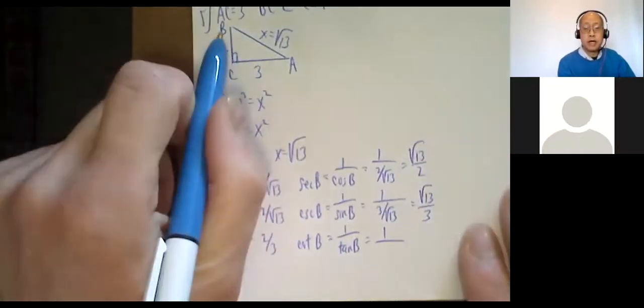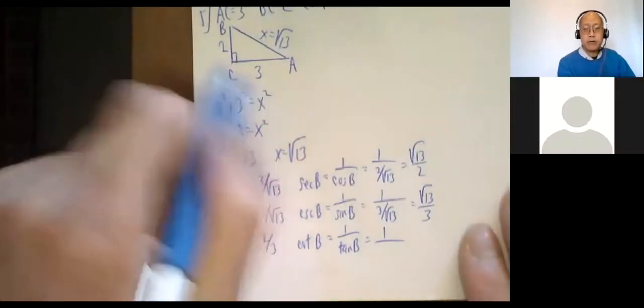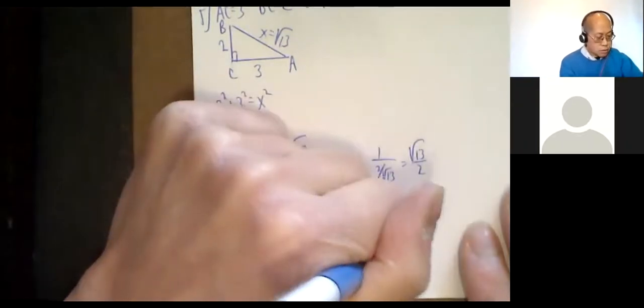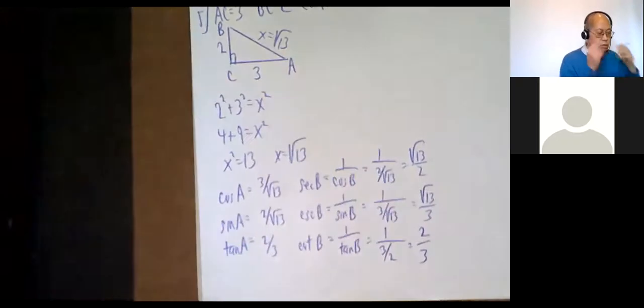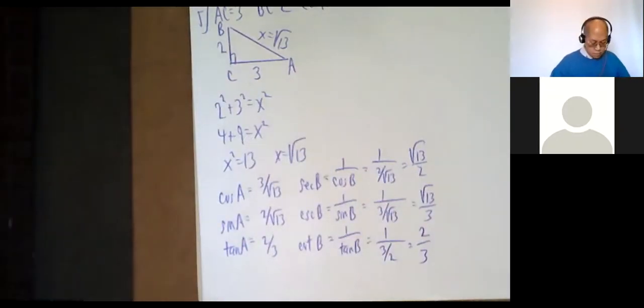So here's B, opposite over adjacent. So 1 divided by 3 over 2, 2 over 3. Okay. All right. That's that.